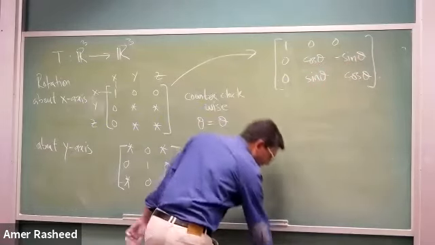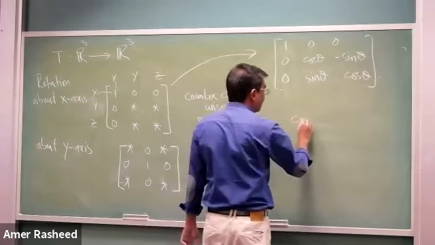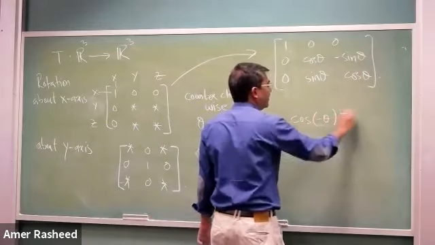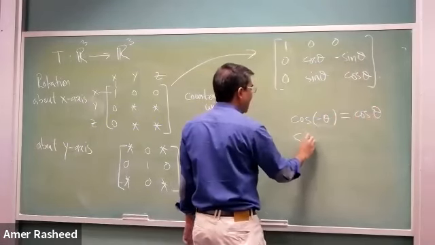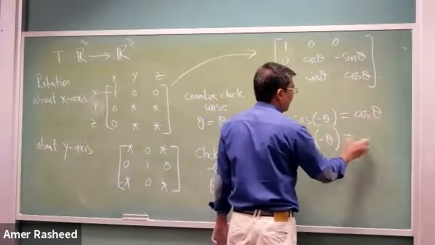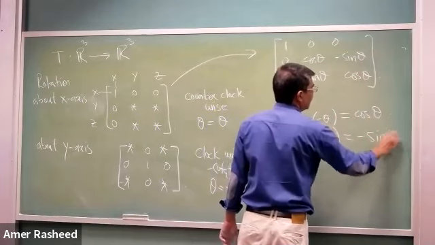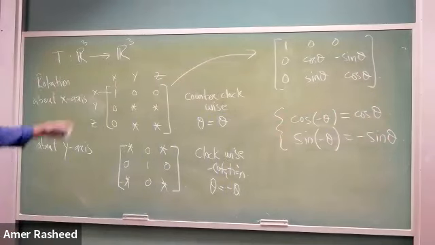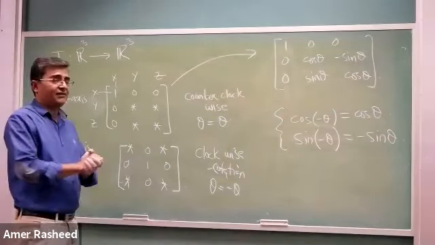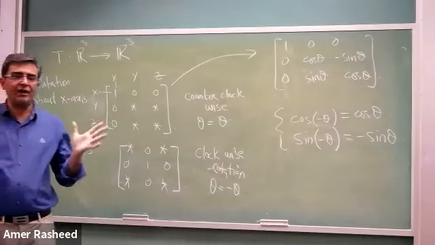In that case, you remember that cosine is an even function. So cosine of negative theta is cosine theta. But sine is an odd function. Sine of negative theta is negative sine theta. So you have to keep these things in mind while defining the other two rotational operators in R3. I hope you get it. If you have any question, you can ask.